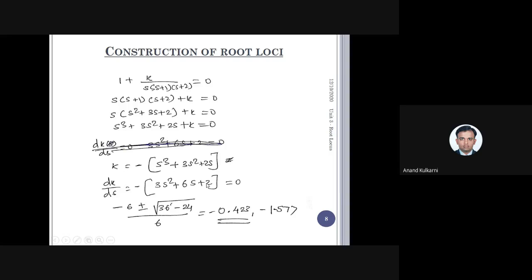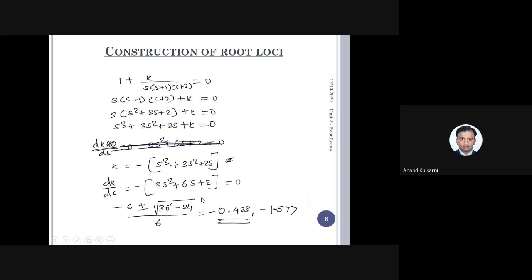If you find out the roots of this equation: minus b, that is minus 6, plus or minus under root of b square, that is 36, minus 4ac, that is 4 into 2 into 3, that is 24, divided by 2a, that is 3 into 2, that is 6.